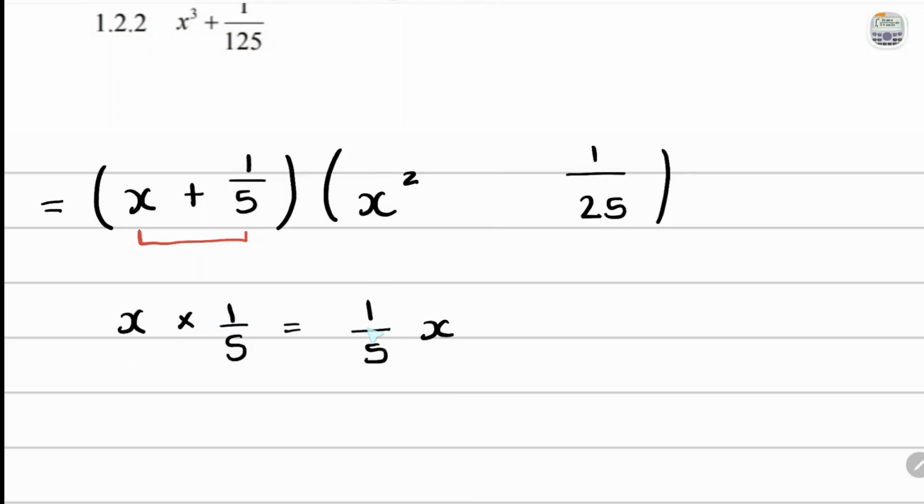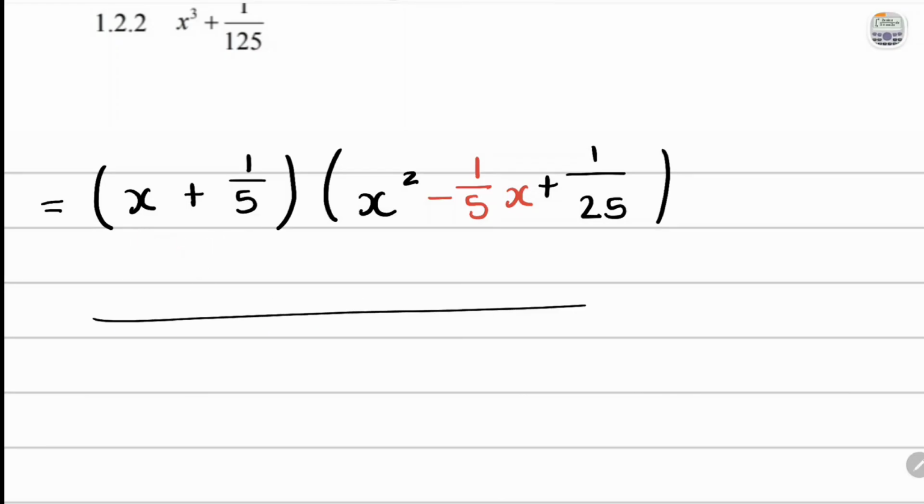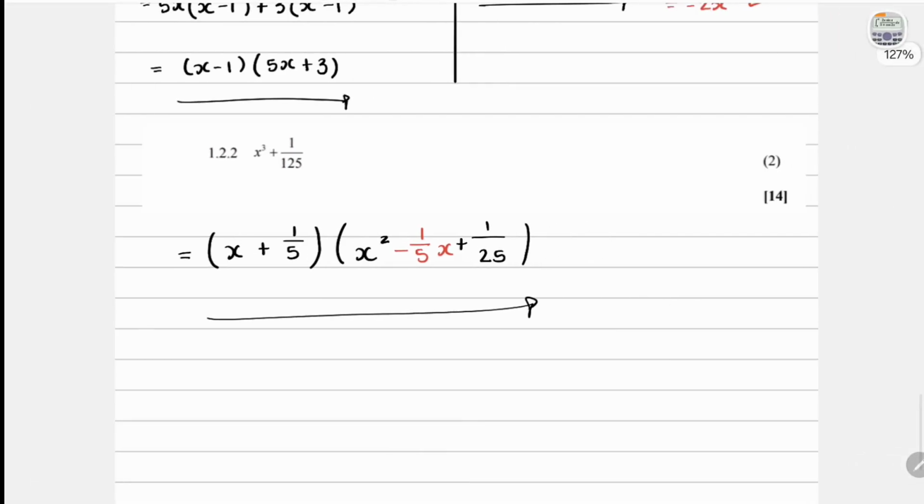But you can just leave it as 1 over 5x. And then whatever the sign was, because you see we said x times a positive 1 over 5, just change it to negative. So that's going to be minus 1 over 5x. And remember that was positive, so we should have already said that. And there we go. So that is factorized using the sum of 2 cubes.